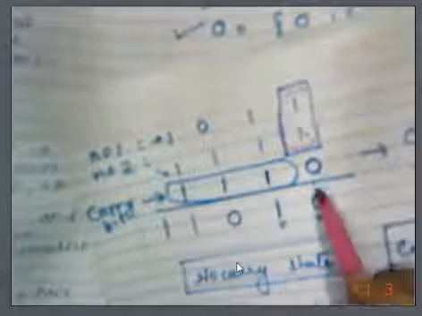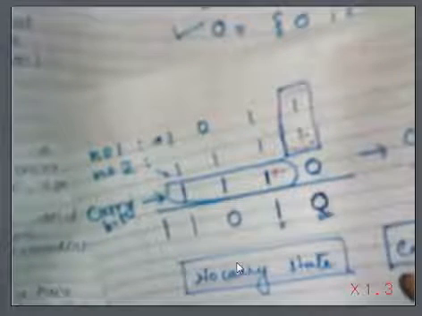As soon as I have added these two bits and considered the current state as no carry state, I have got the output as 0. But what about the next addition on the left-hand side? The carry is forwarded here. So can I say that my machine, which was in no carry state, has moved to carry state?